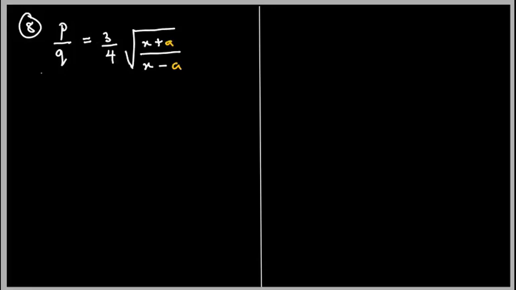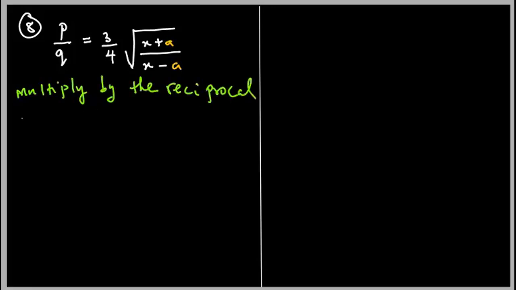I would have said let me divide both sides by 3 over 4, but you might make a mistake. It's allowed, but since it's a fraction, let's multiply by the reciprocal of 3/4.